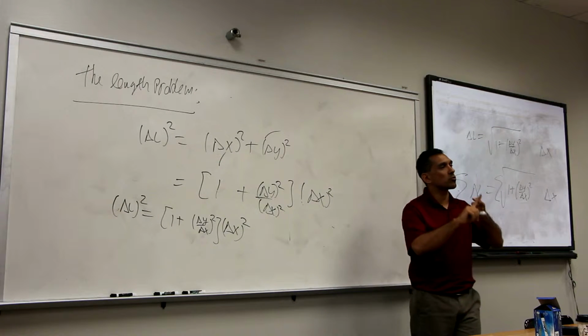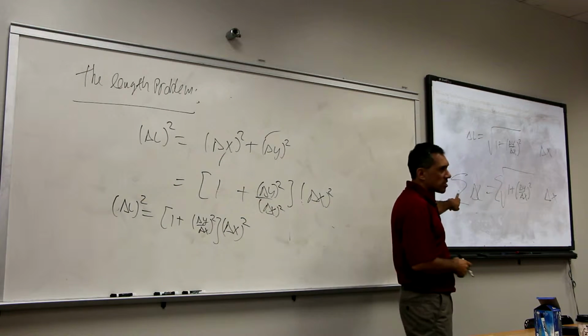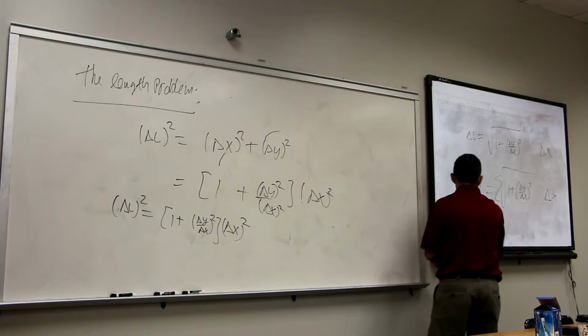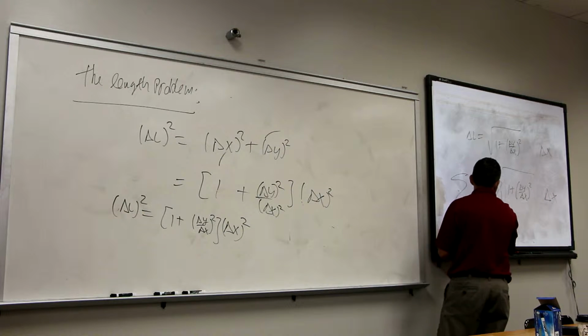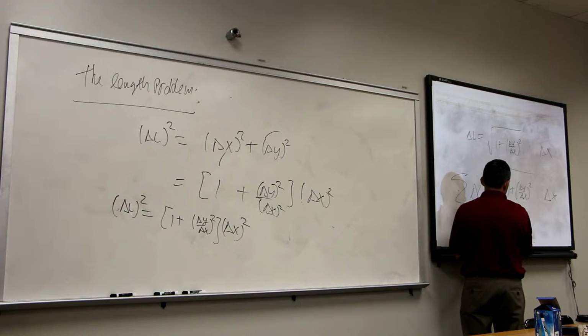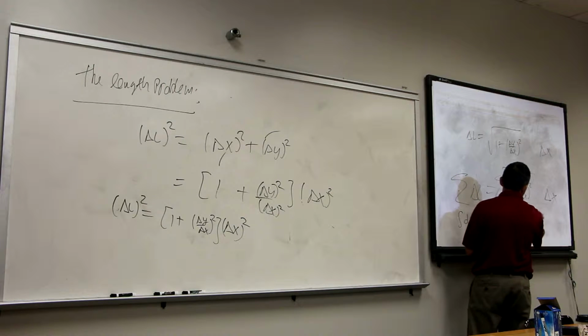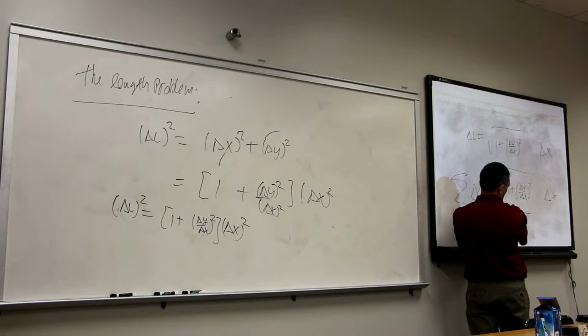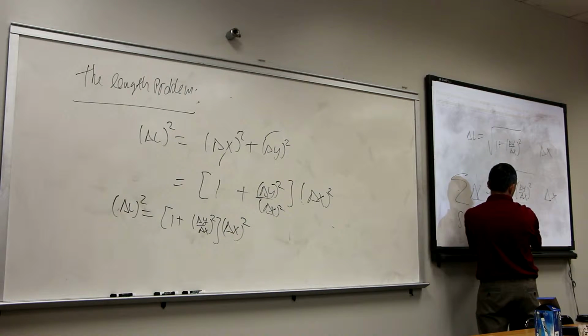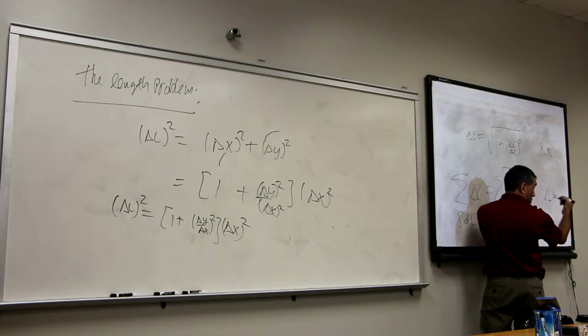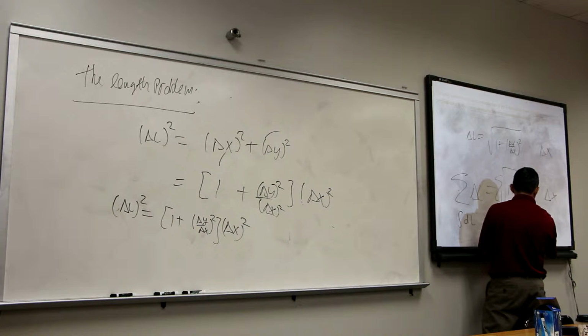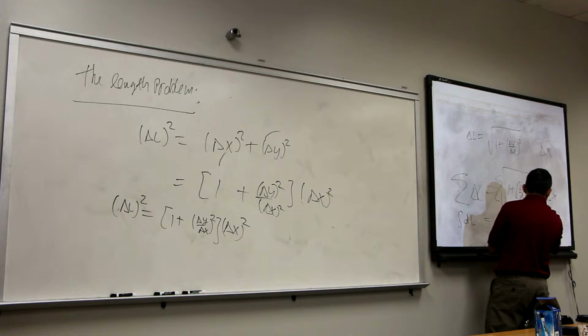And now let delta x go to 0. This is going to become an integral. What's this going to become? The integral of the square root of 1 plus the derivative squared, and this, dx.